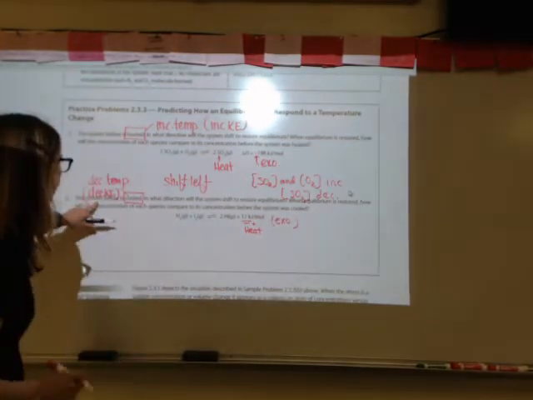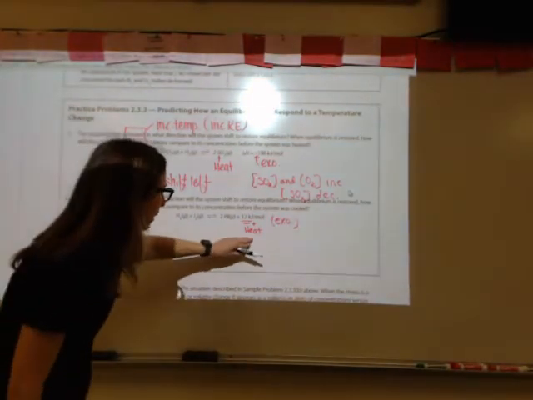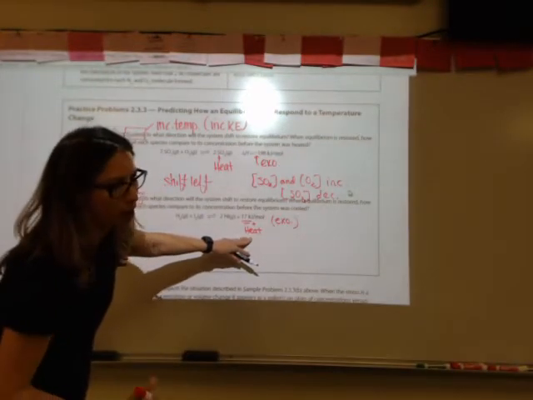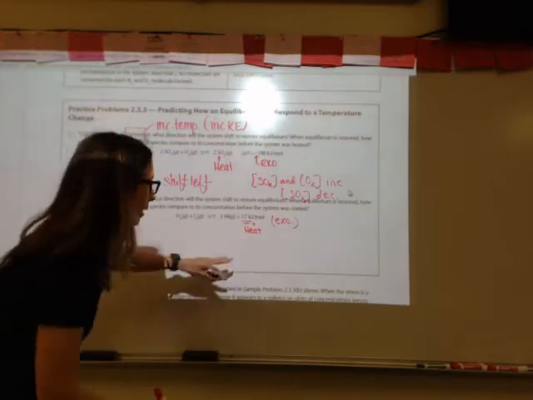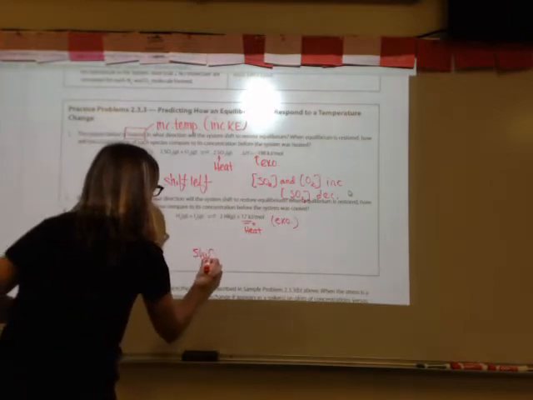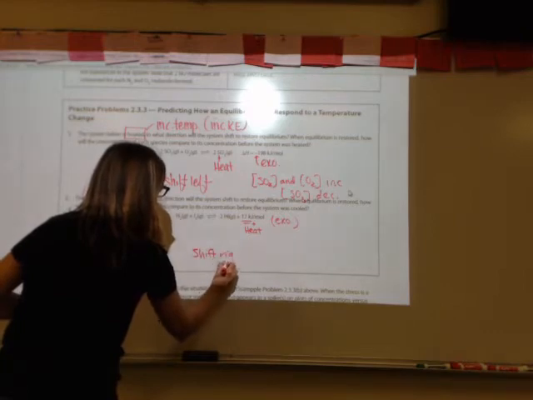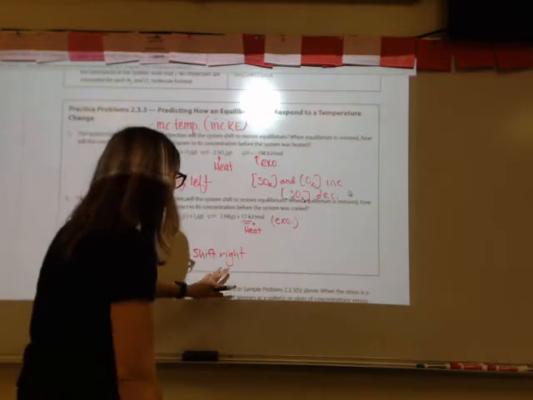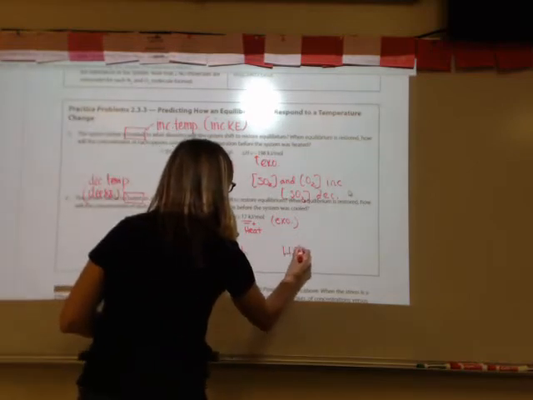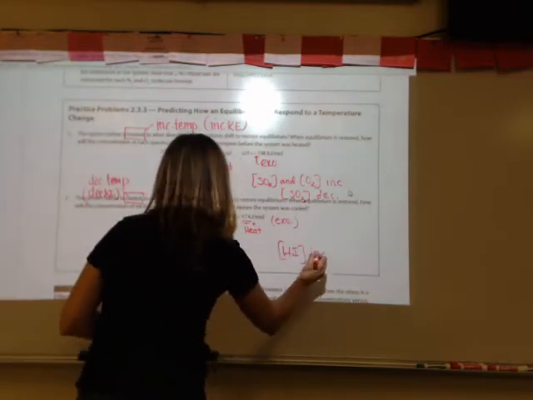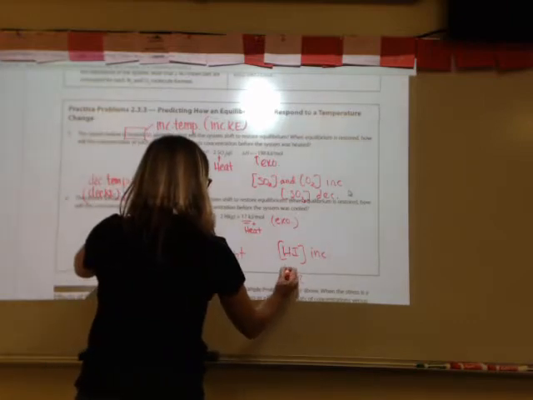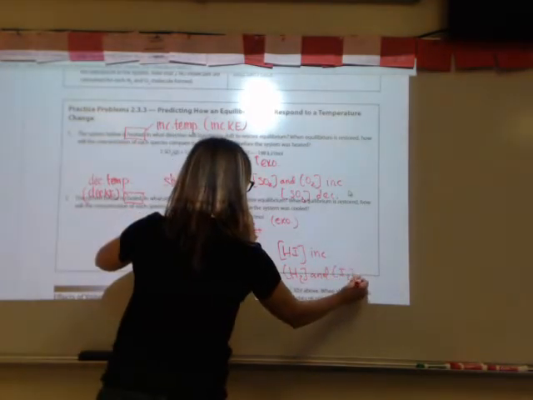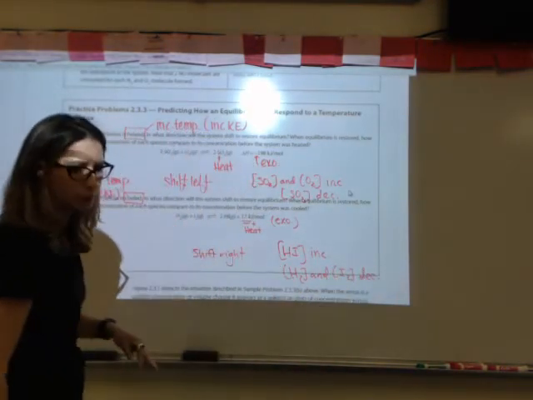So if I'm decreasing temperature, think of it as decreasing heat, decreasing a product. I need to bring some of that heat back so that I can get back to equilibrium, which means I'm going to shift in its direction. So I'm going to shift to the right. I think, yes, that's correct. And then the HI concentration is going to increase, and the H2 concentration and the I2 concentration are going to decrease.